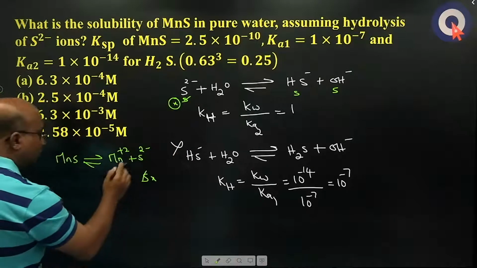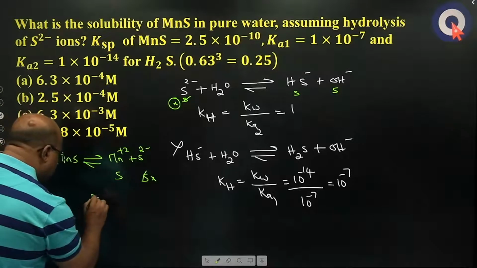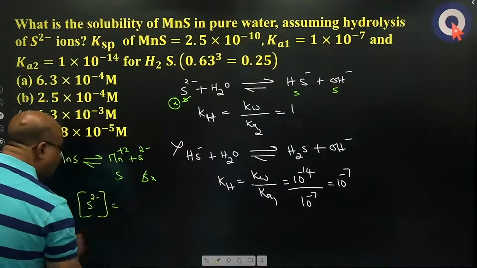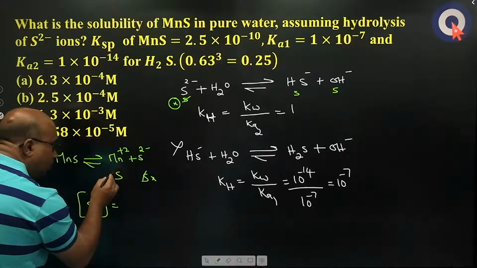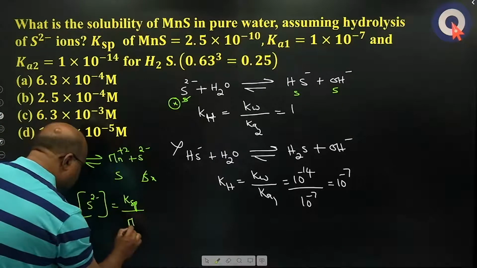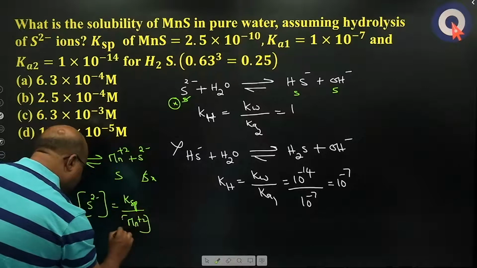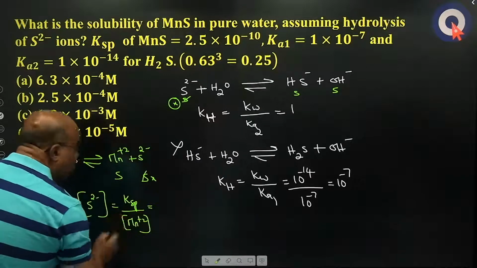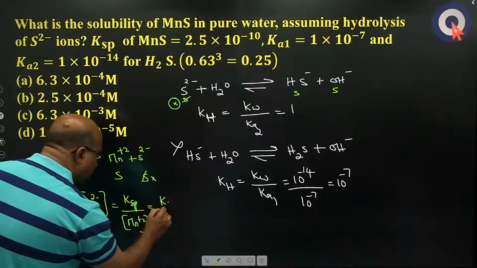So what is your sulfide ion concentration? Sulfide ion concentration is nothing but here Ksp by Mn plus 2, because you have to simplify things. So Ksp value is already there, let us write later.